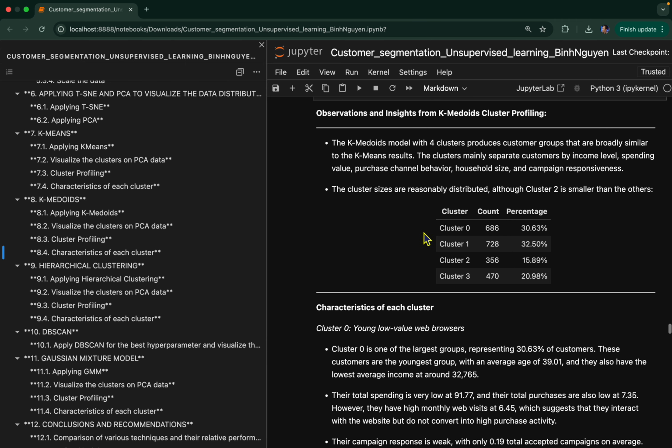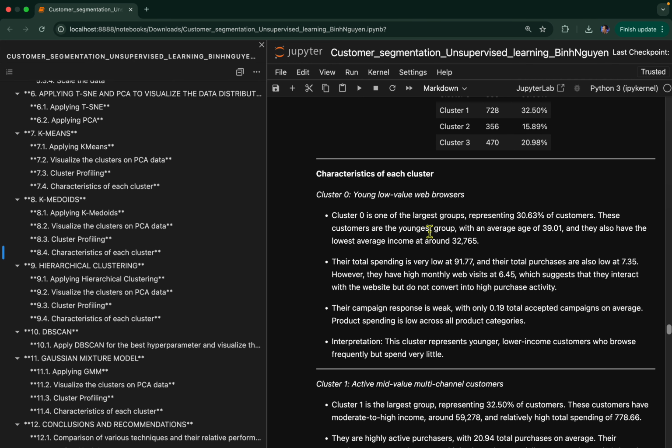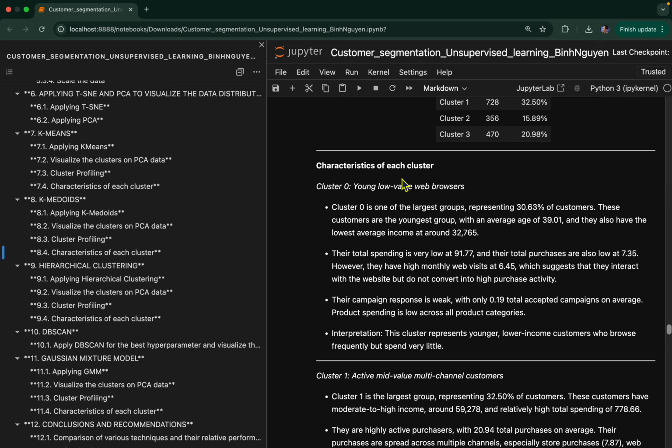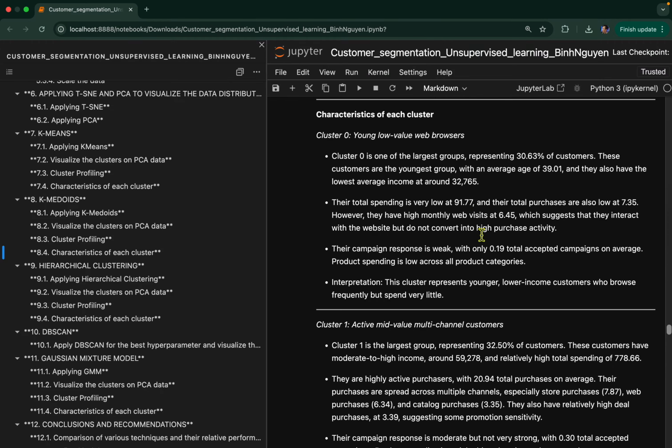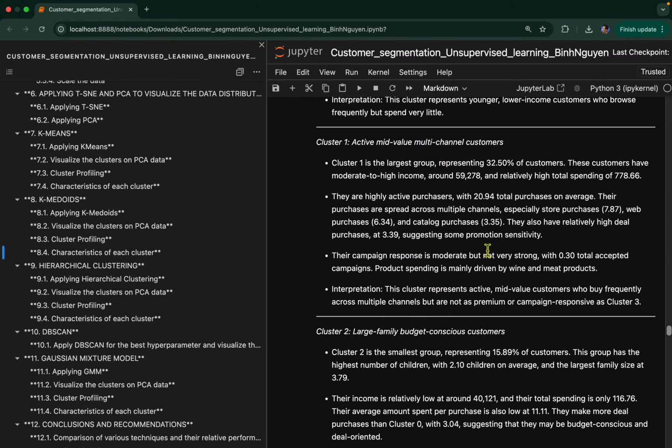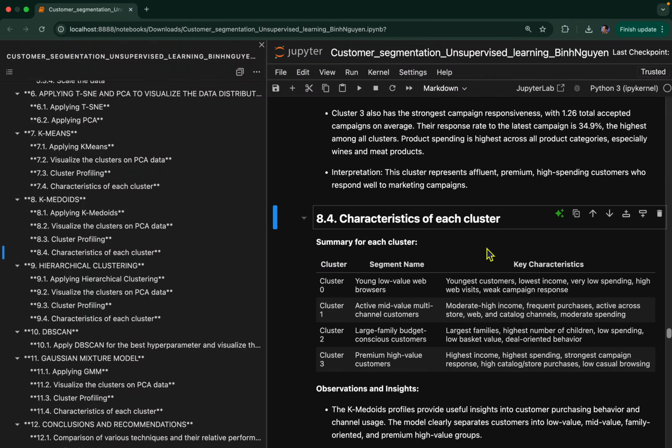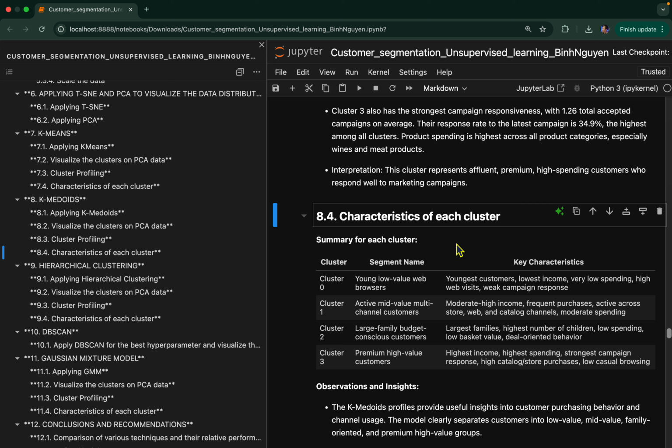This is the output from k-means, and here is my reasoning whether they make sense in terms of business. Cluster 0, I give them a name based on their characteristics, and a description of the cluster. And this is the summary for the cluster. I do the same thing for all of the clusters, for all of the models.